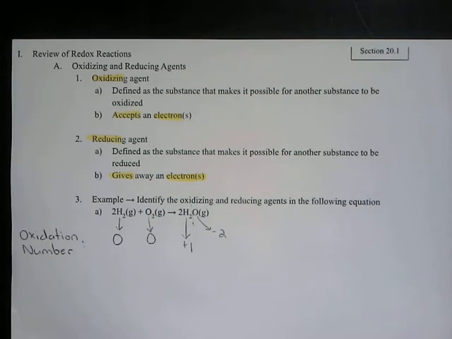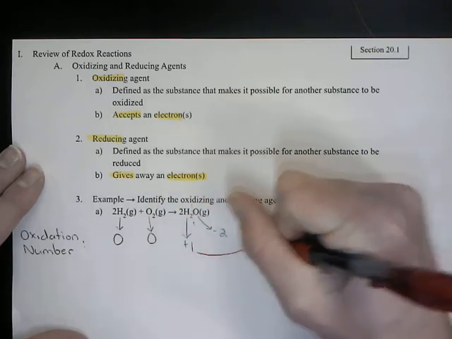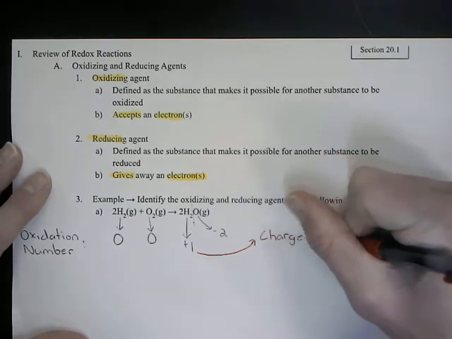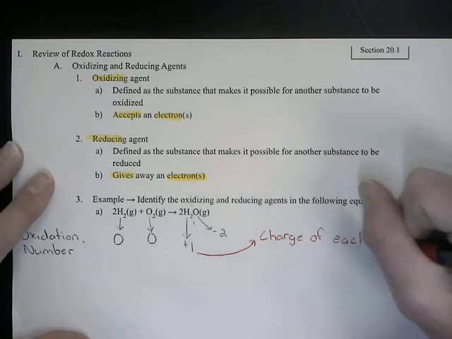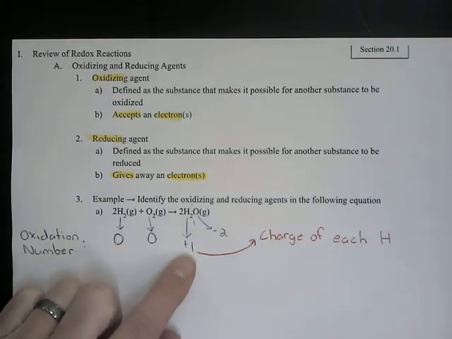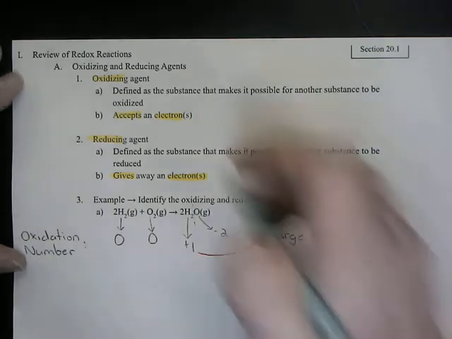And I'm going to put this note out to the side here: this is the charge of each H. Now, hydrogen went from a 0 to a +1 charge. What that means is that it lost electrons. So I'm going to put this acronym out to the side here, right above our oxidation number.